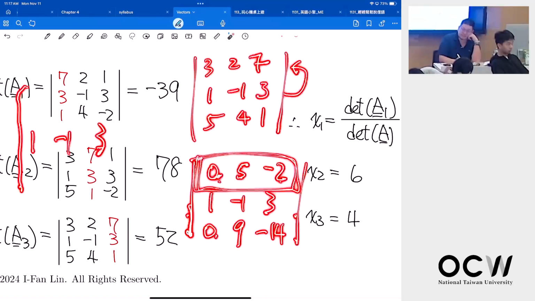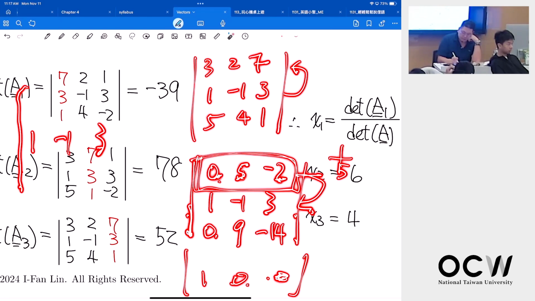So you only need to do like 2 determinants, right? 5 with their corresponding minor determinant, and minus 2. You can also times 1/5 to the second row, and then finally you'll get like 1 something, like 0. And here, just try to make more zeros.